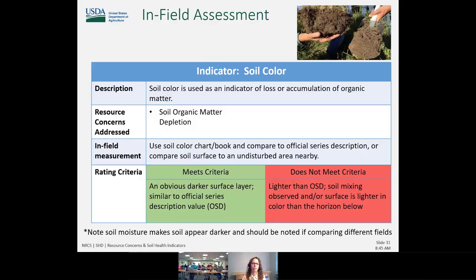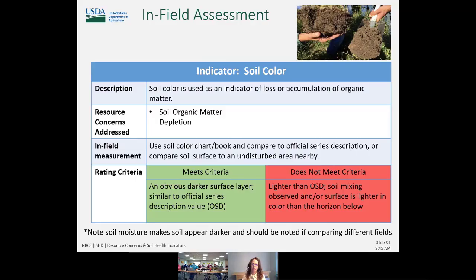So what you're looking for is an obvious darker layer at the surface of the soil that would reflect a buildup of more organic matter, and that it would match the color very similar to the official series description.